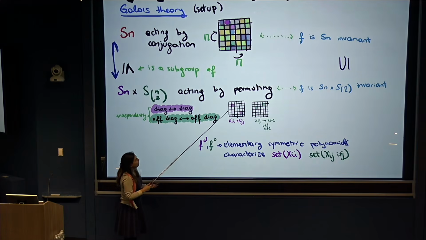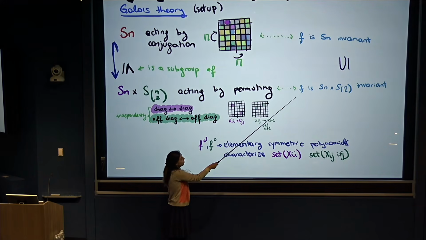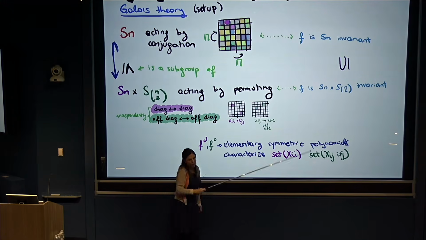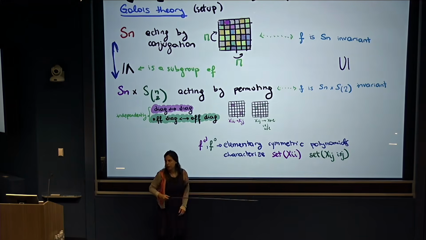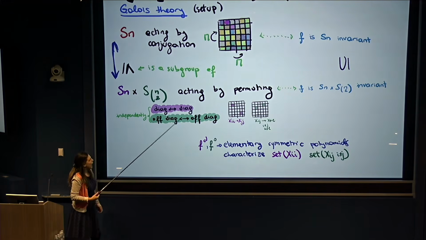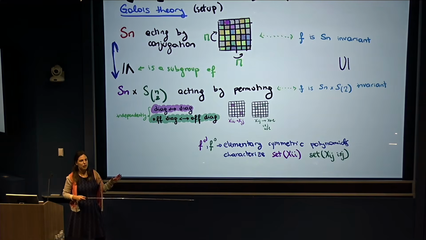And so the Galois theory framework tells you that the invariant functions with respect to the larger group are a subfield of the invariant functions with respect to the smaller group. And there's this correspondence given by Galois theory. For this big group, the invariant functions are easy to write because it's just like permuting diagonals and off-diagonals independently.